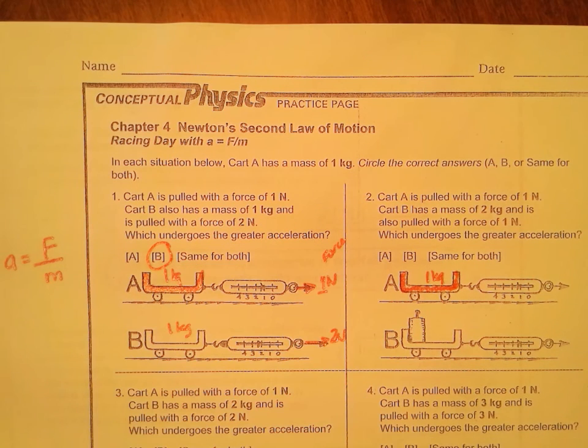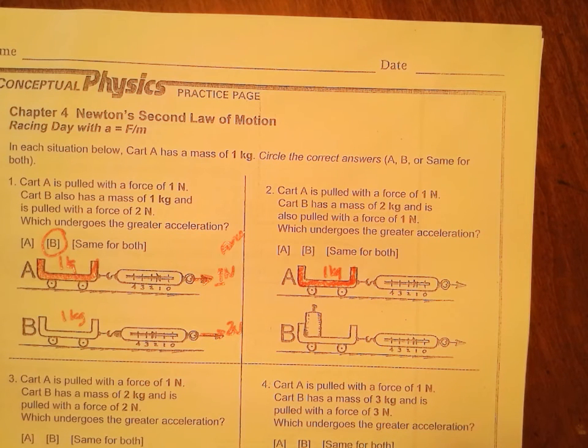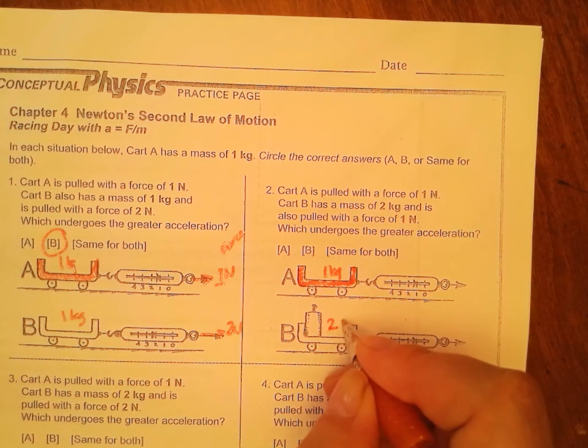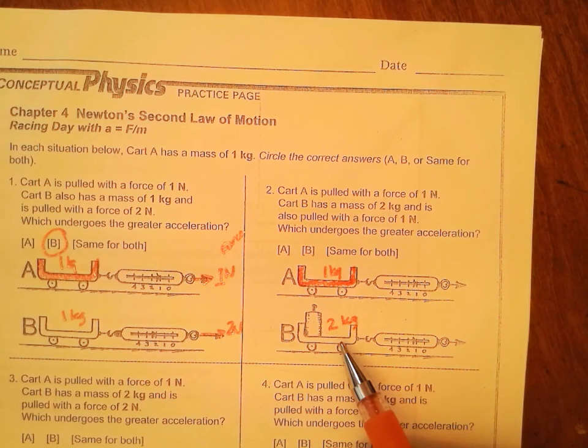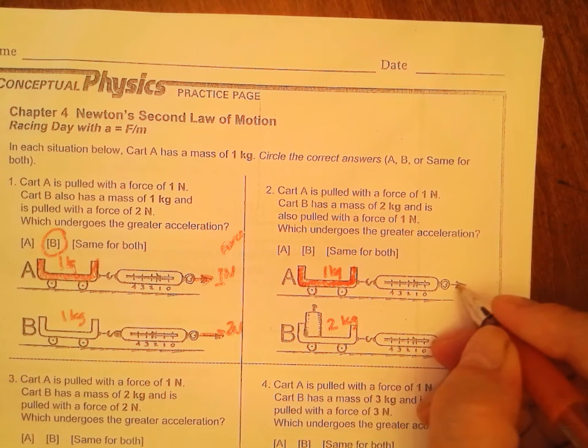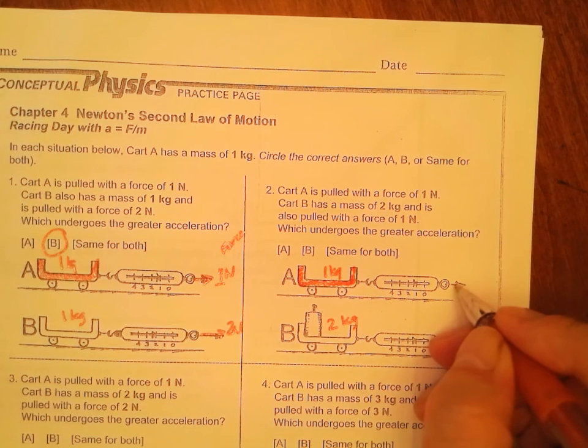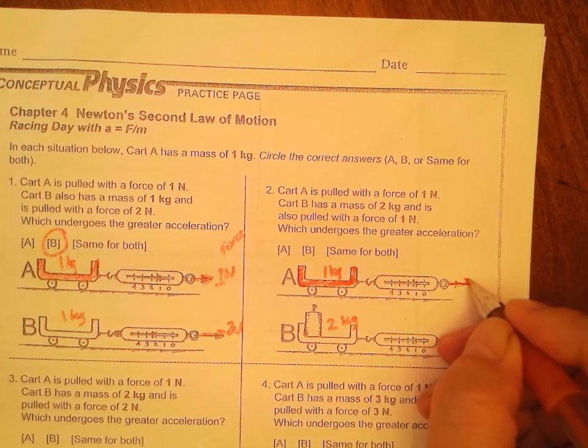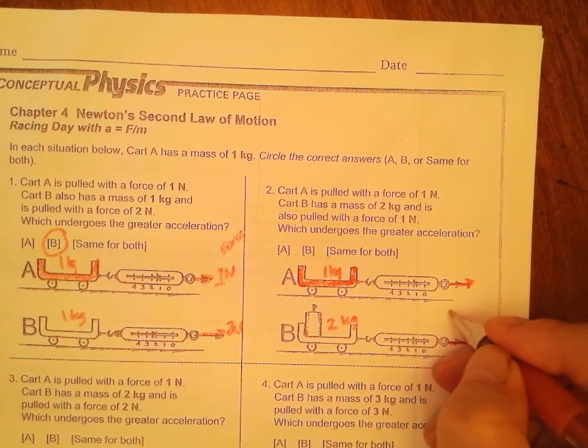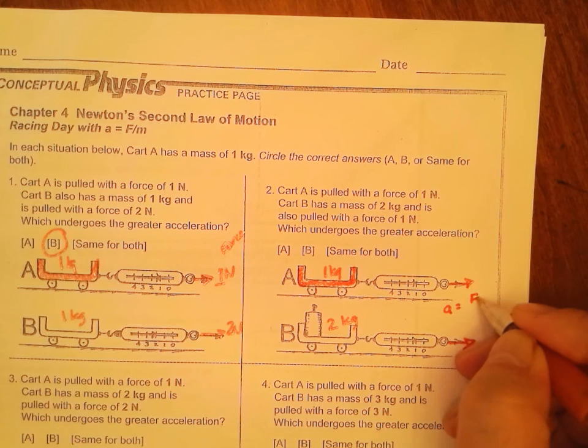In this case, cart B has an additional mass on it, so it is 2 kilograms, and they're both being pulled with a force of 1 Newton. Acceleration is equal to force divided by mass. The forces are the same.